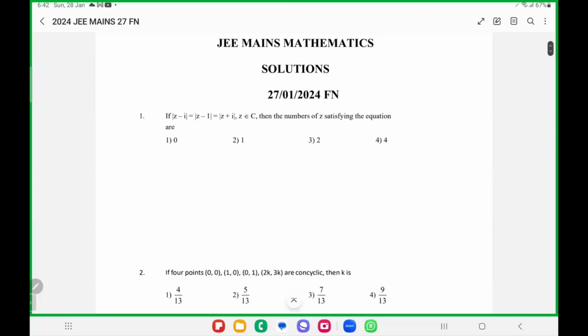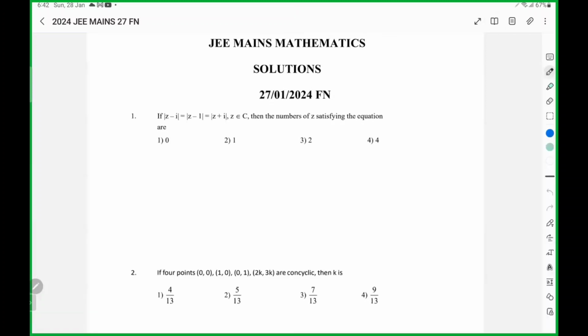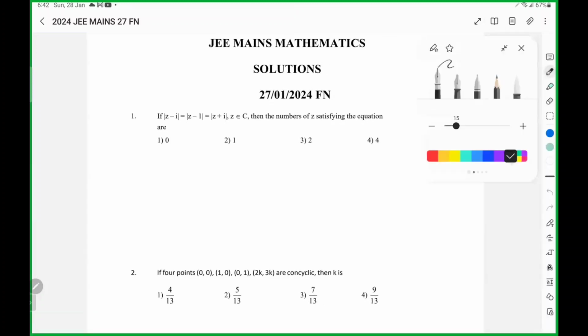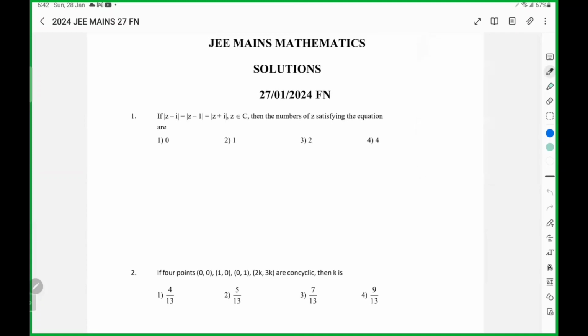Here, this type of problem we have to solve with graphs. |z1 - z2|: first of all, in the complex plane there are 2 points.